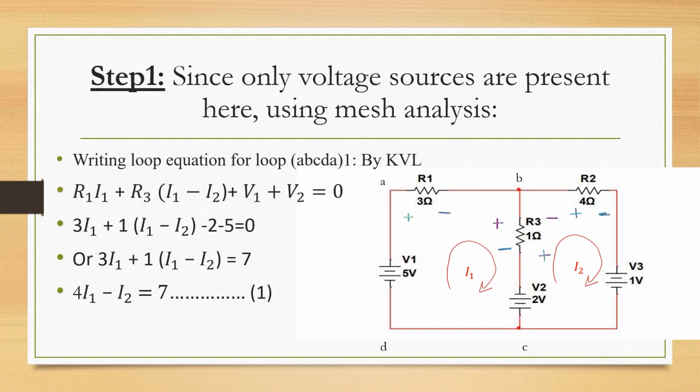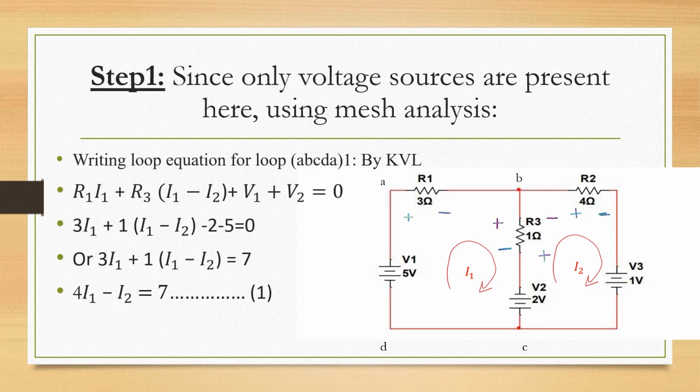Now start to write the loop equation for loop A, B, C, D and A. I am starting from point A. R1 into I1, because the R1 resistor has only current I1 flowing through it, plus R3. Now observe in R3 two loop currents are flowing and both are in opposite directions.